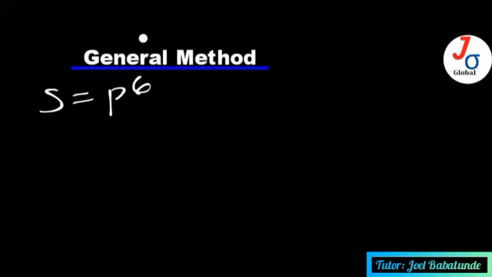Alright, so here we have this other question. s is equal to p to the power of 6. Now, why I used these letters is because sometimes in differentiation we use different letters to represent different functions. So we are asked to find the change, that's ds/dp. So what is ds/dp?